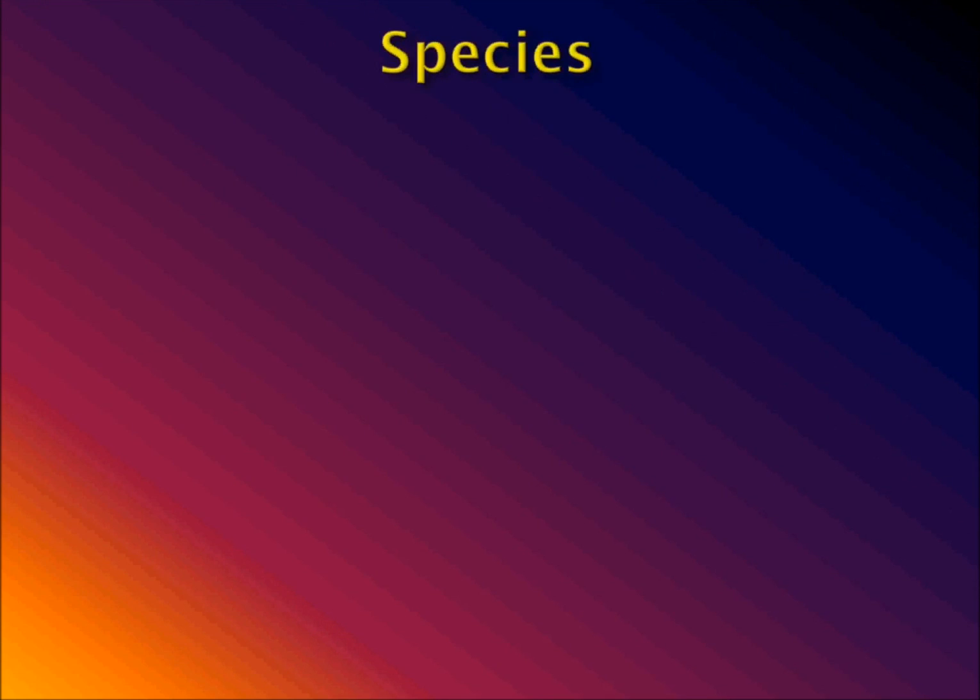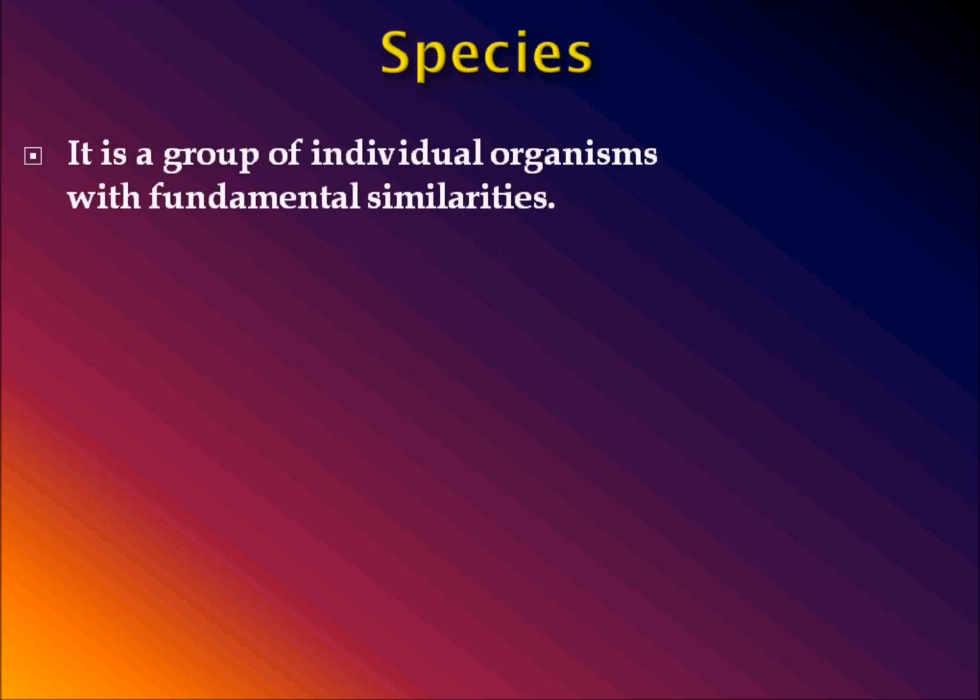Now we have the term species, and it is a very important term. Species is a group of individual organisms with fundamental similarities. It's the lowest category, as I explained to you earlier.